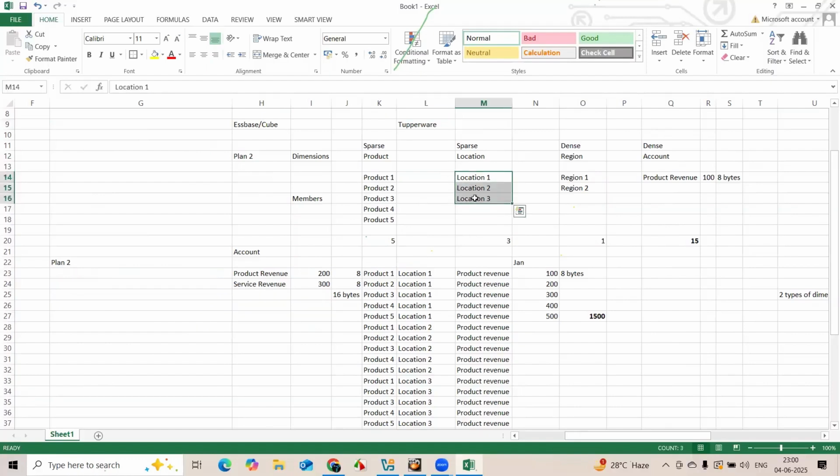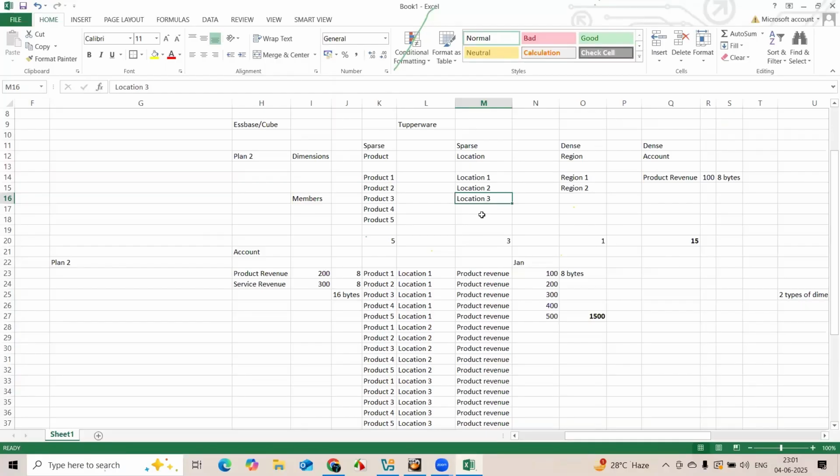But in 2026 or 2027, there is a chance that Tupperware might not sell in so many locations. It can reduce its locations because they feel revenue is so low, since they are spending and not getting enough revenue in location 3, so let us close our services in location 3. It might decide like that, right?